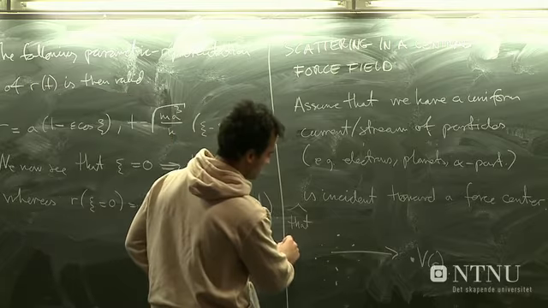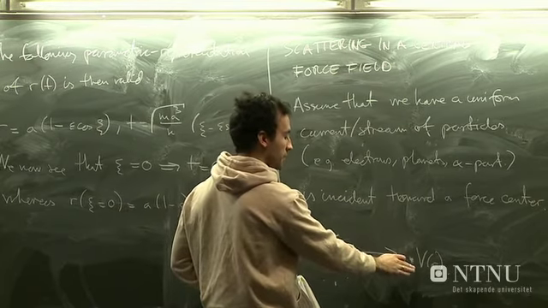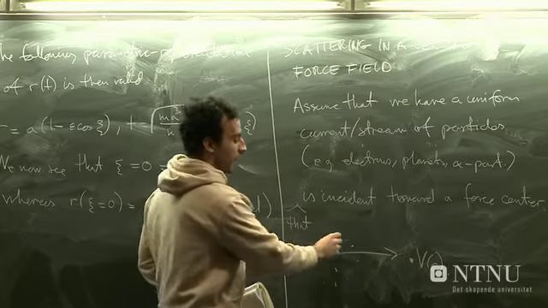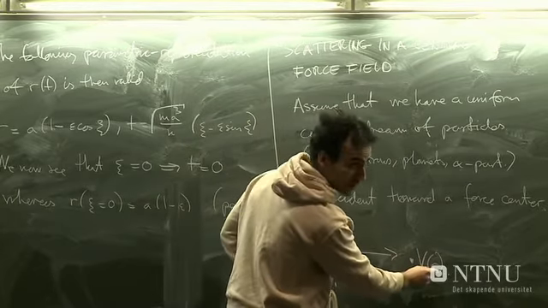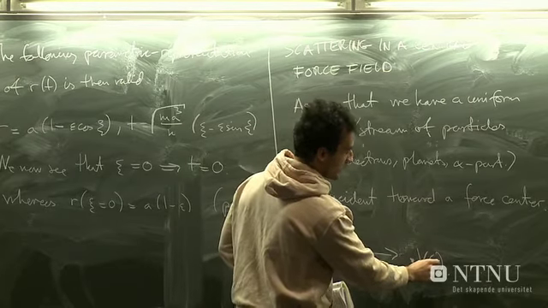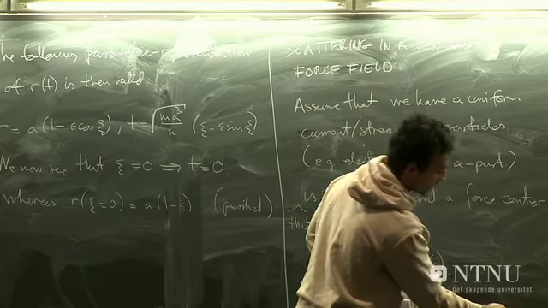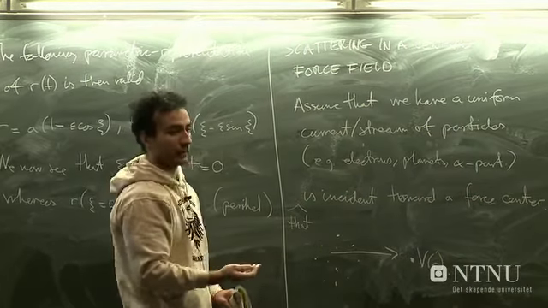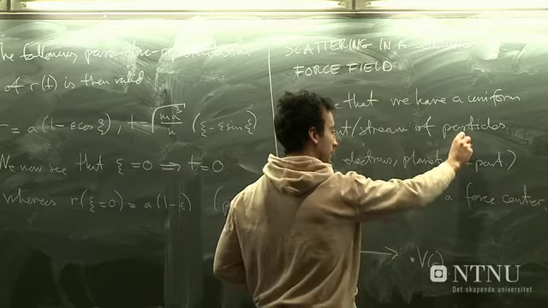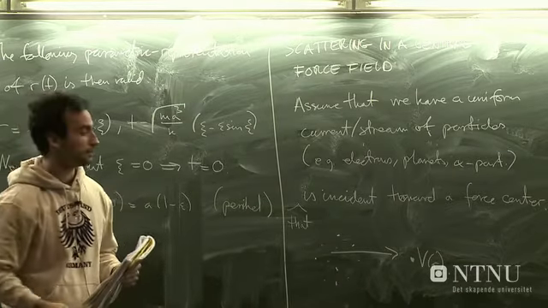They're incident here, in a linear way. And then, as they approach this force center and start to feel its effect, they will either be bent towards it, if it's an attractive potential, and then escape linearly here, since there's no potential energy anymore, or they should be repelled, if it's a repulsive potential. So they enter here, and are repelled. These are basically the two situations we have.